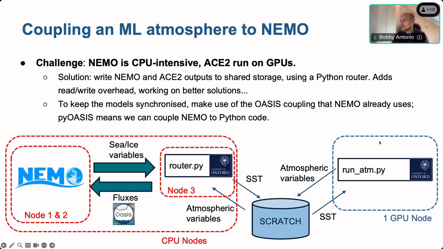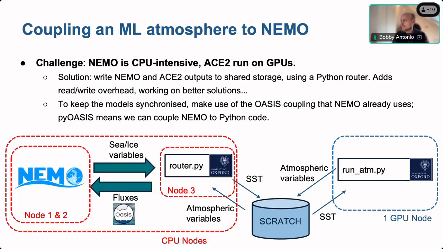Meanwhile, the atmosphere, ACE, running on a GPU node, can poll that scratch disk. When the atmospheric variables are available, it can pick them up, run itself forward for another time step, and write the atmospheric variables back down. So you have a little bit of overhead from writing to scratch disk.